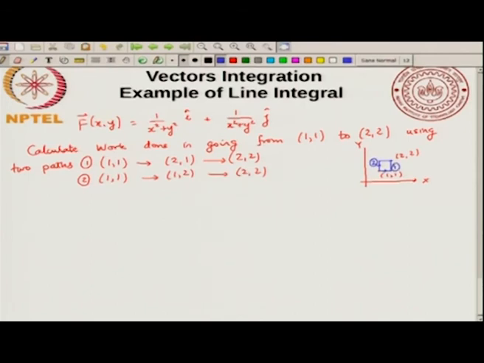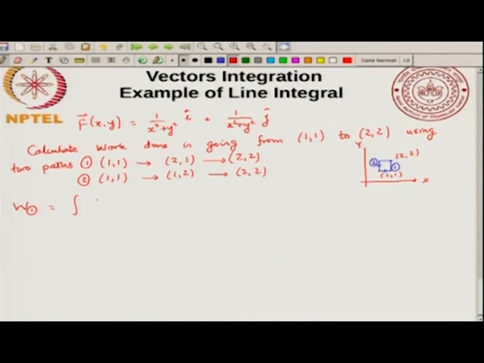So how do you calculate both these works? Okay. Now what you have to do is, in either case you will write that the work done. Okay. So let us calculate from path 1. Okay. So this is equal to integral. Now what you will do is you will multiply this by dr, and dr is dx i plus dy j.